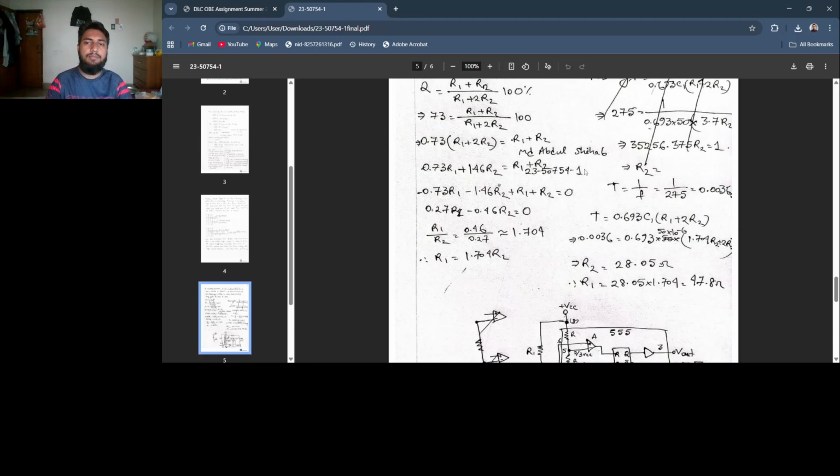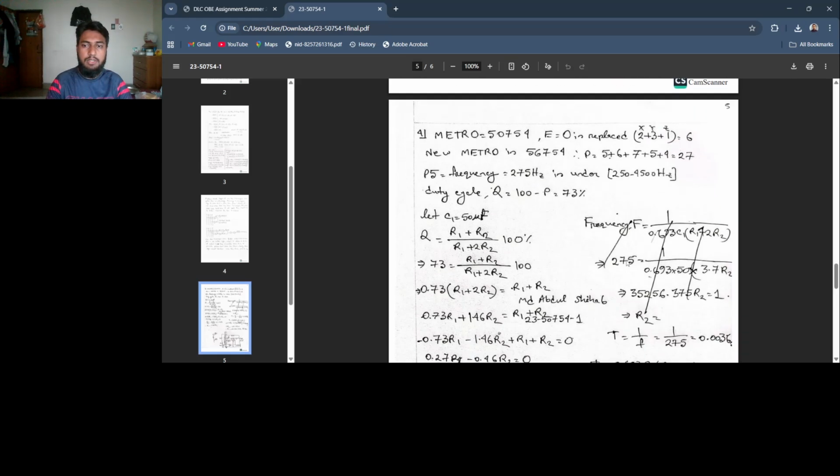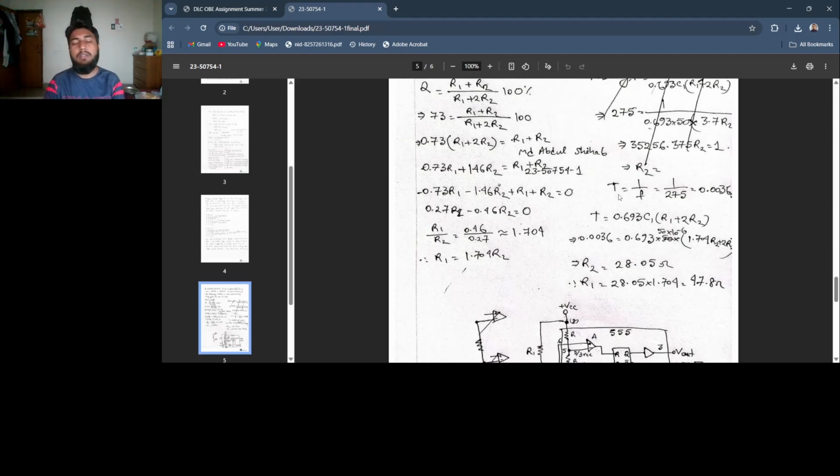Then the time period T equals 1 by frequency, so my T value is 0.0036 second.